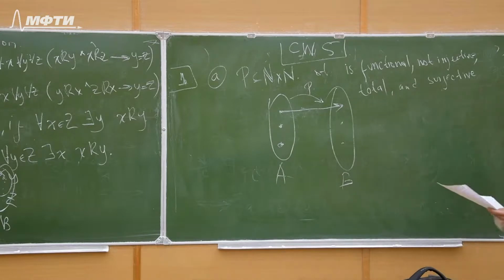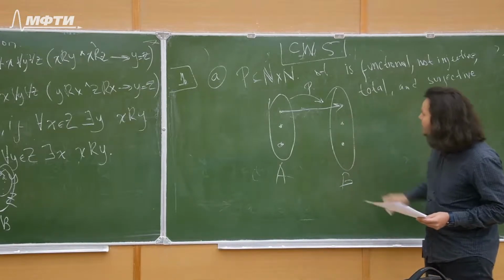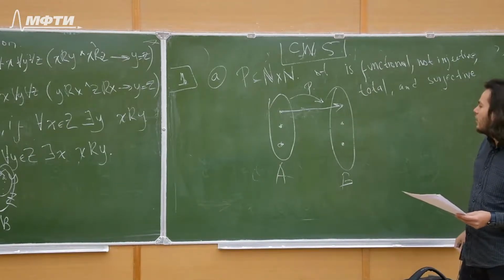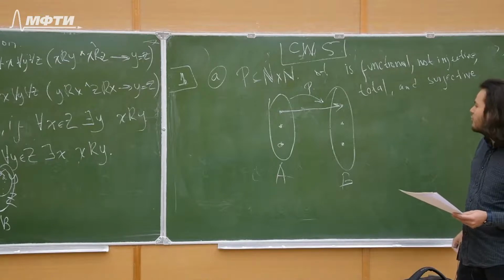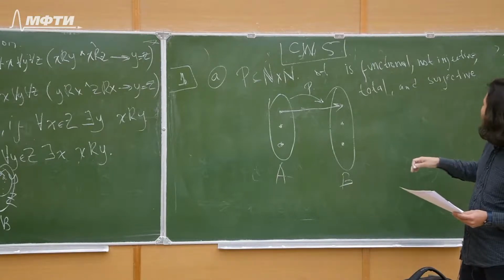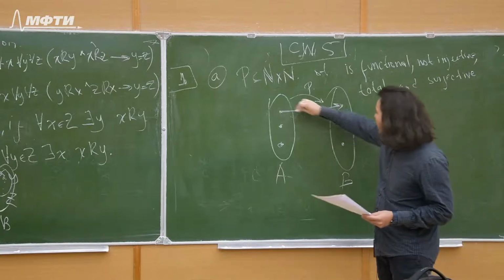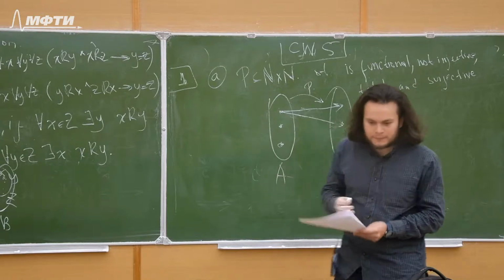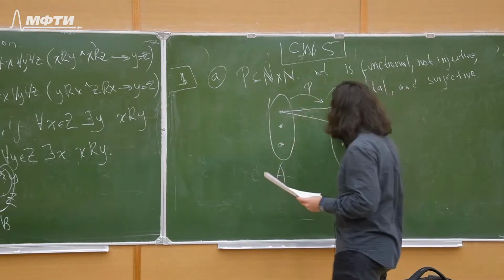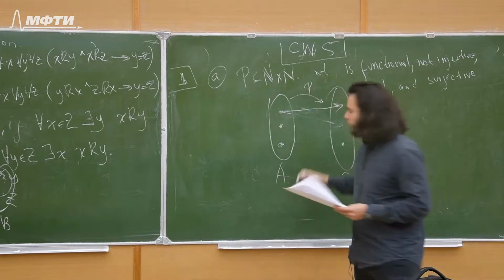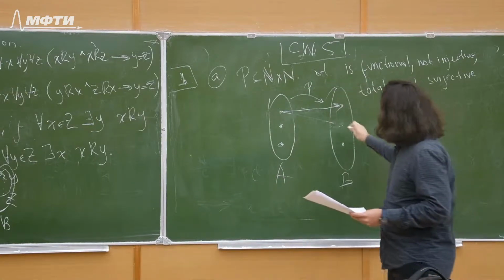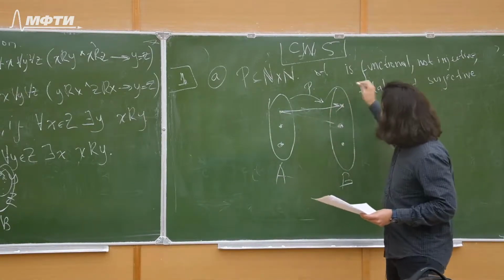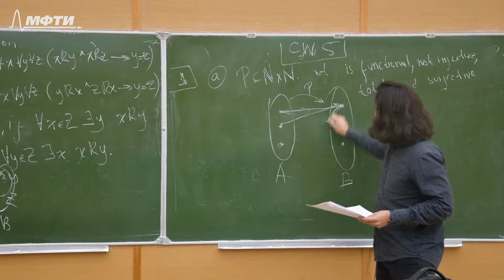Now we need it not injective. So it means that to one element here we can have 2 arrows. Okay, so for example, we can have the following. Oh, sorry, no, of course. To this element we can have 2 arrows, so these 2, for example.